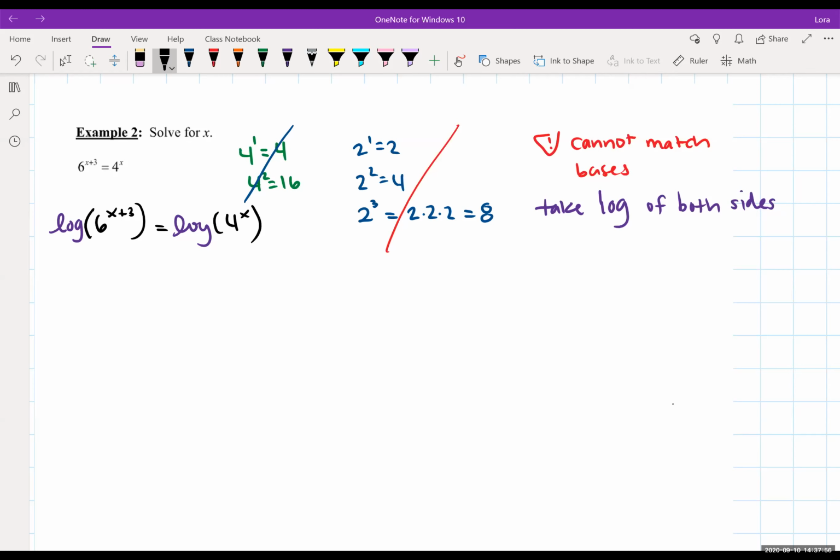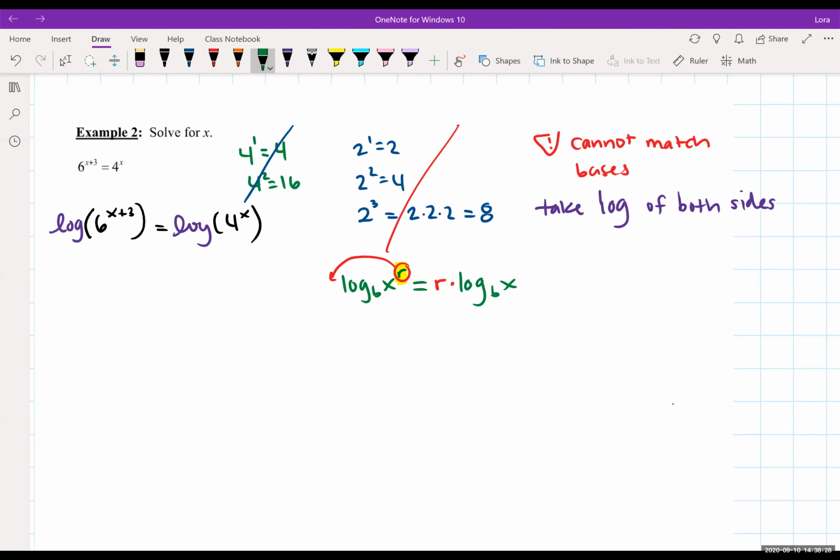Once you take the log of both sides, we're going to use the property log base b of x to the r. You don't have to memorize it based on the letters, but you have to know that if there is an exponent in the argument, we can take that exponent and pull it around to the front as a coefficient of the log. That is very useful to us.